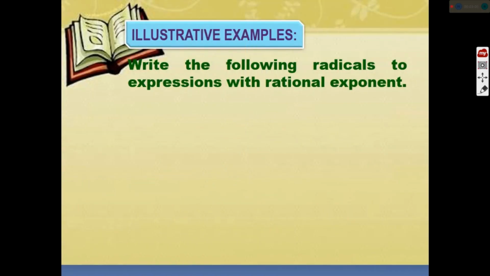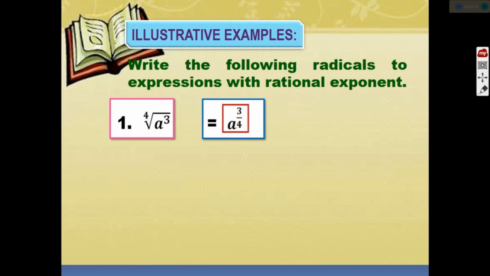Okay, so let's have the following examples. Number 1, fourth root of a raised to 3 or cube. So, to transform this in rational exponent, copy nyo yung a, then raised to 3 over 4. Lagi yung index naka-over sa denominator ilalagay. So, a raised to 3/4.